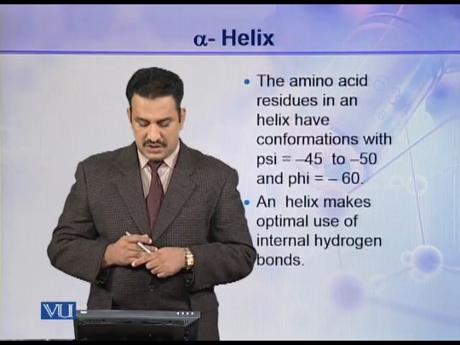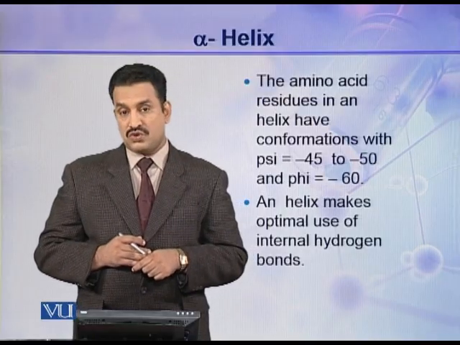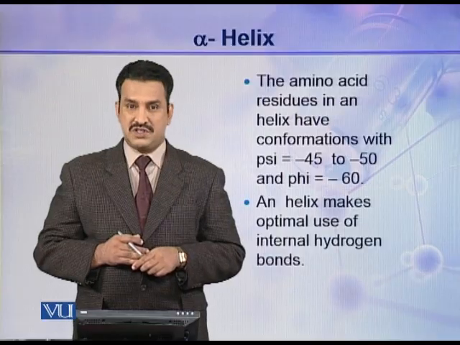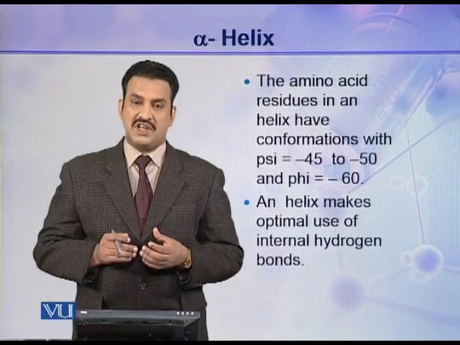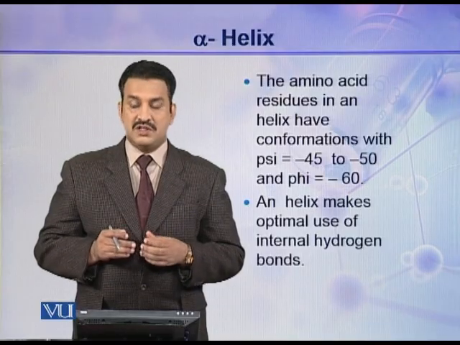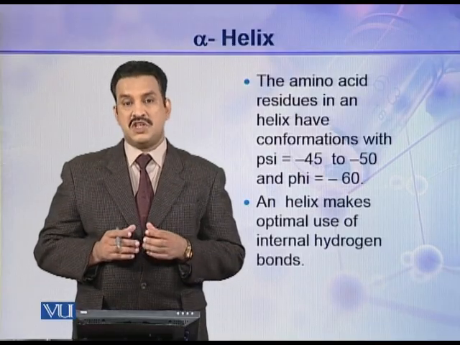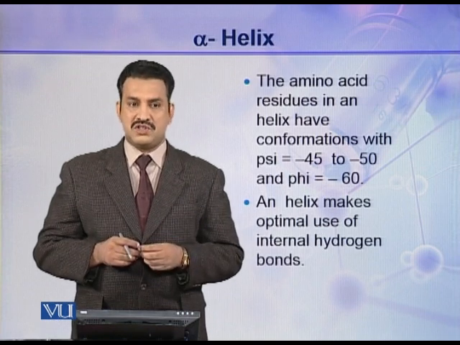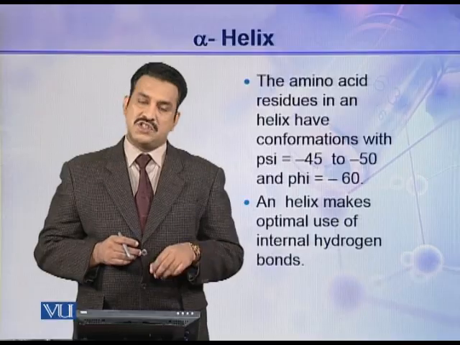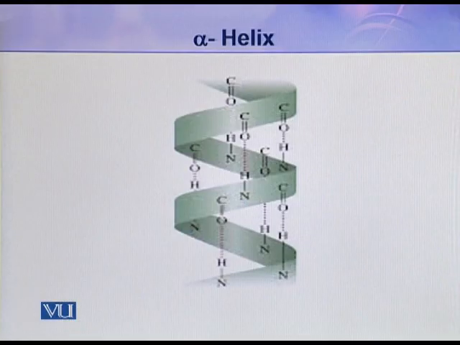And the helix makes optimal use of internal hydrogen bonds. So in this way, by using the maximum potential of hydrogen bonding, this structure becomes a stable structure. In a helix, almost all the amino acids are hydrogen bonded with some other amino acids. As you can see in this picture, the nitrogen contains hydrogen. A hydrogen is attached with the nitrogen.